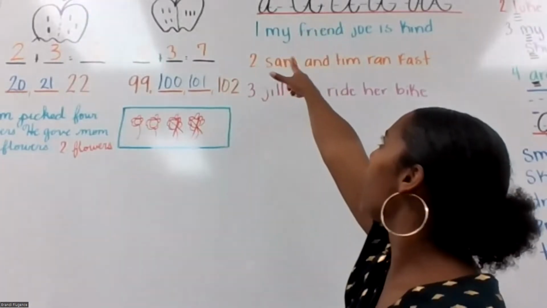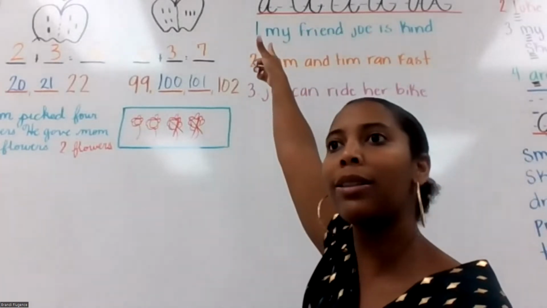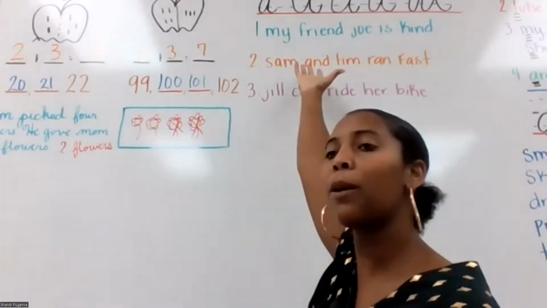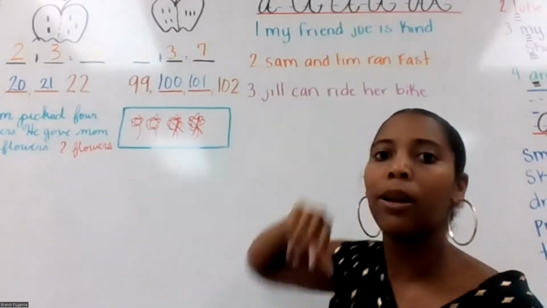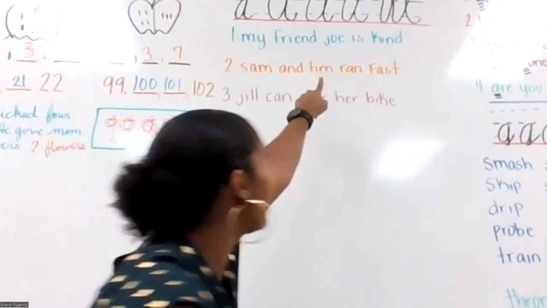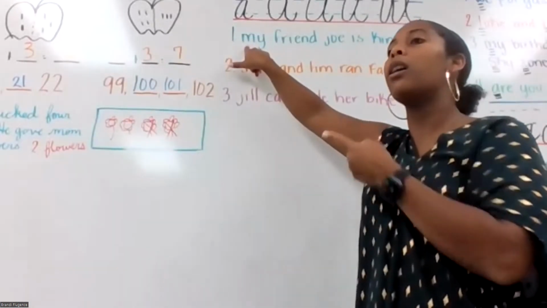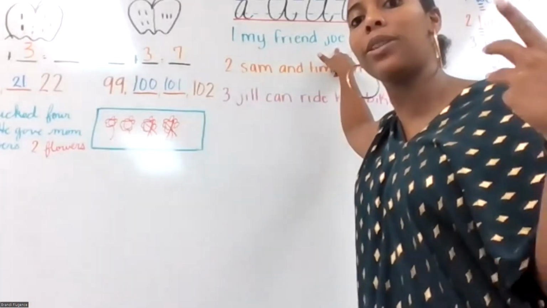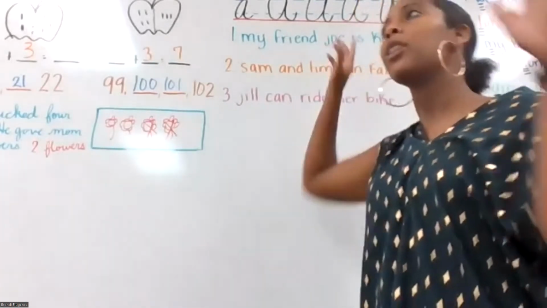Number one, it says, my friend Joe is kind. Who is the proper noun in this sentence? Joe. That is a person's name. But Joe is in the middle of the sentence. So yes, we would still capitalize our first letter, but since Joe, which is a proper noun, is in the middle of the sentence, we have to make sure to capitalize Joe's name.